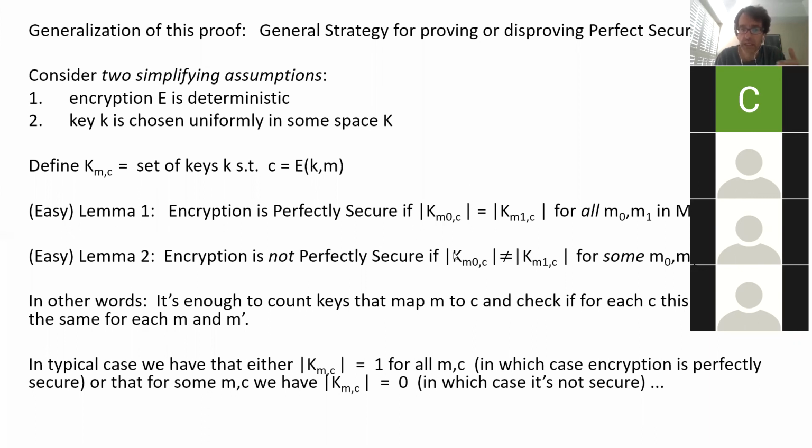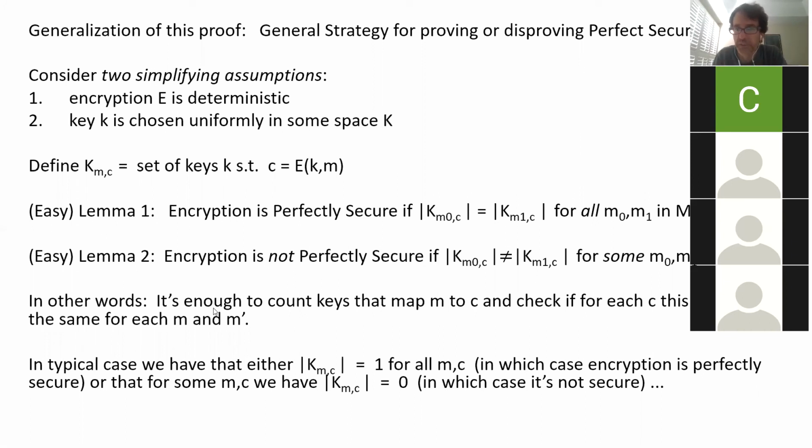So if you find some M0, M1, C, some triple of a cipher and two messages, such that there are more keys that can map M0 to the cipher than keys that can map M1 to the cipher, then the encryption is bunk. You shot it. That's a proof that it is not perfectly secret, because you immediately get a contradiction in the equality of the probabilities.